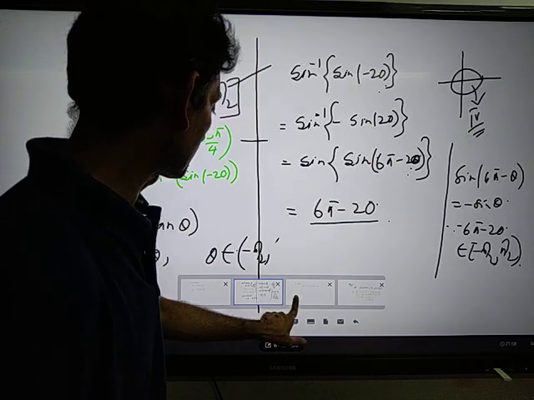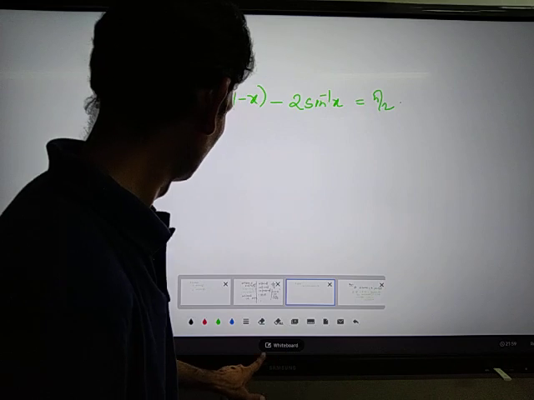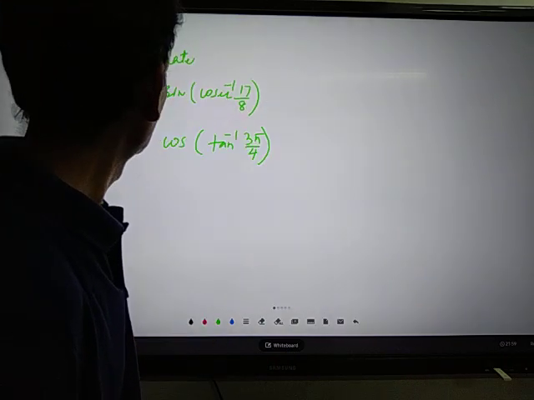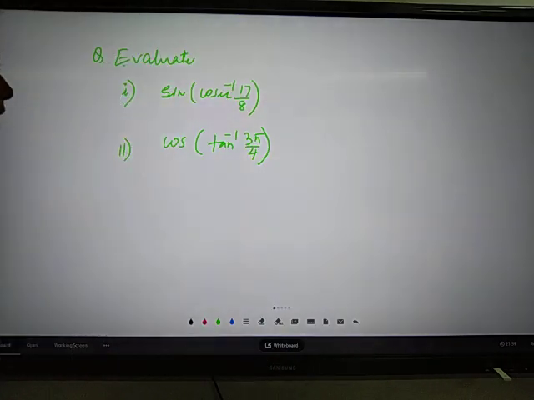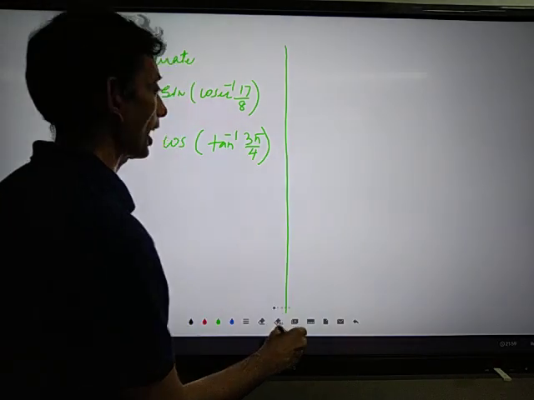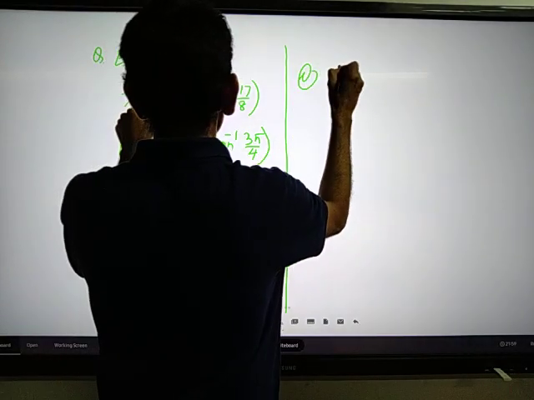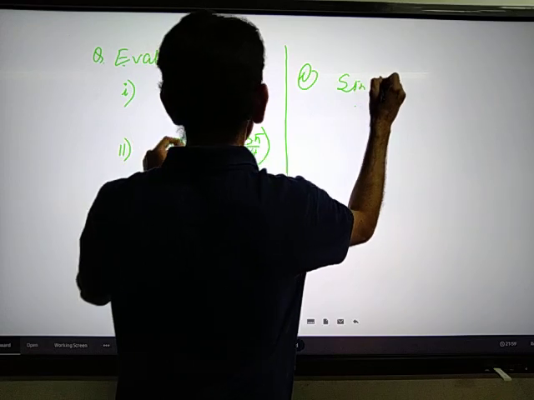So these are the properties. Evaluate sine cosec inverse 17 by 8. Let us see how to prove this.